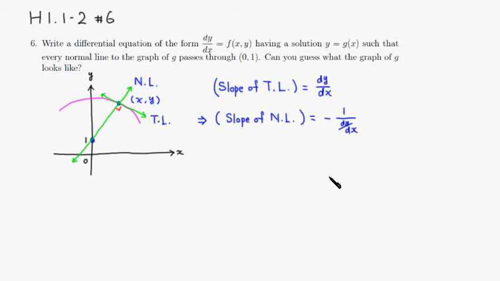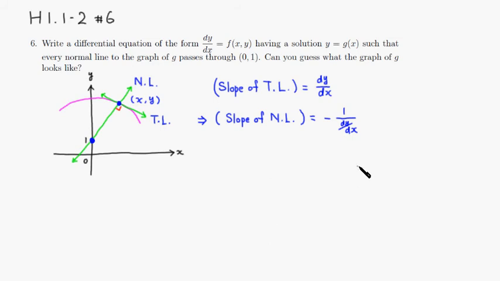Since we know that this line also goes through the point 0 comma 1 and this general point on the graph, which we call x comma y, we can use the slope formula to find the same slope.